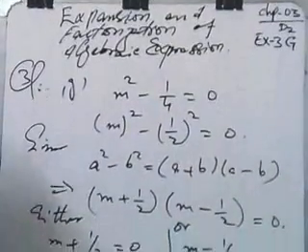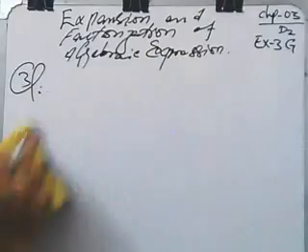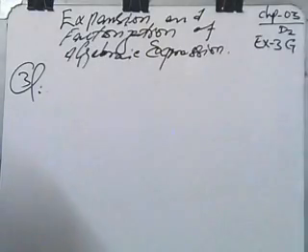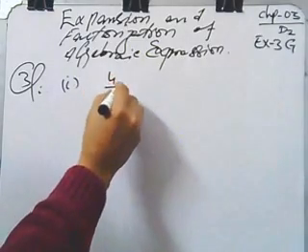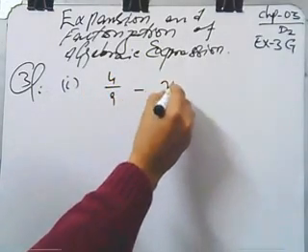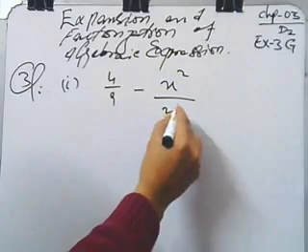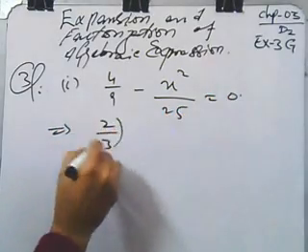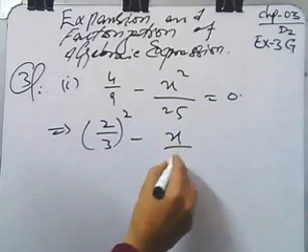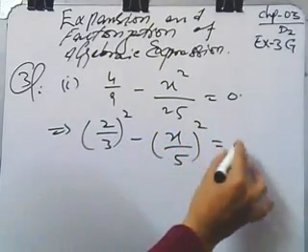Similarly, you see another important part of this question, that is the i part, 4 by 9 minus x square by 25 is equal to 0. So make the perfect square, 2 by 3 and x by 5 whole square is equal to 0.